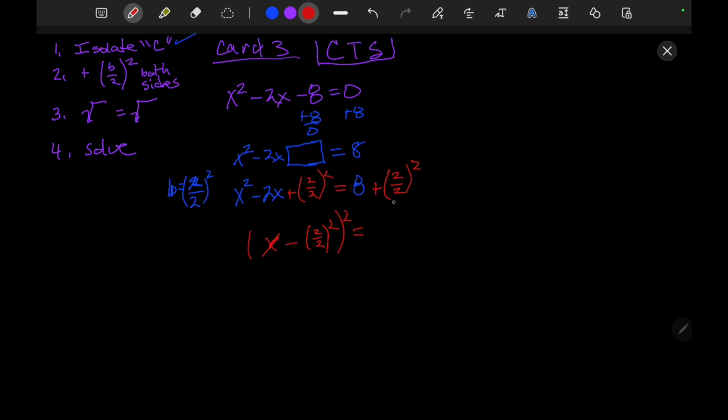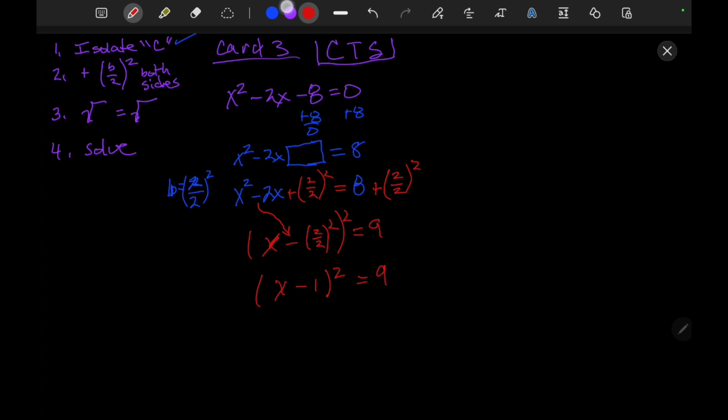Equals, 2 over 2 squared is what? 1. So 9. We're going to go ahead and simplify on this side. X minus 1 squared. Notice the minus sign came from there. Minus 1 squared equals 9.